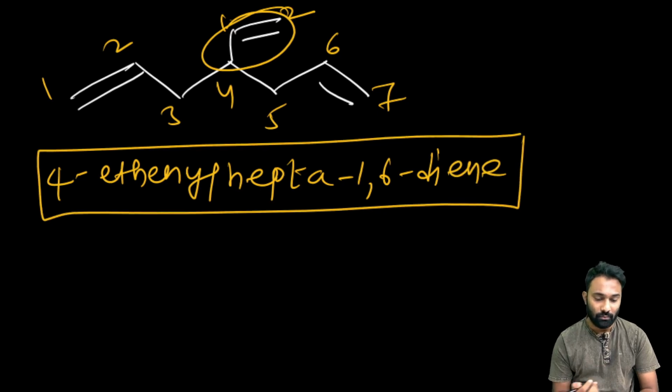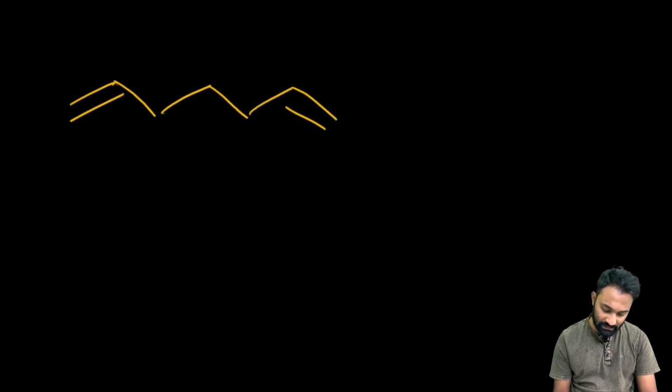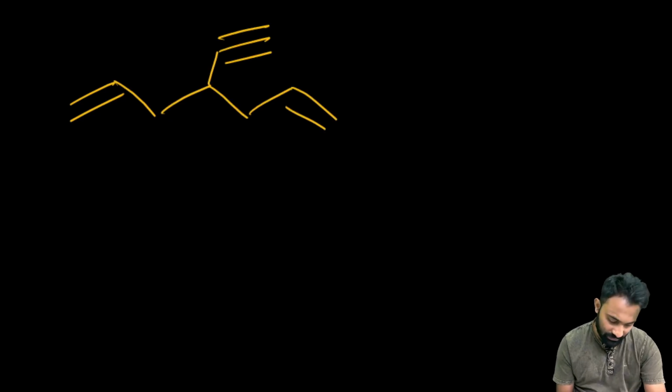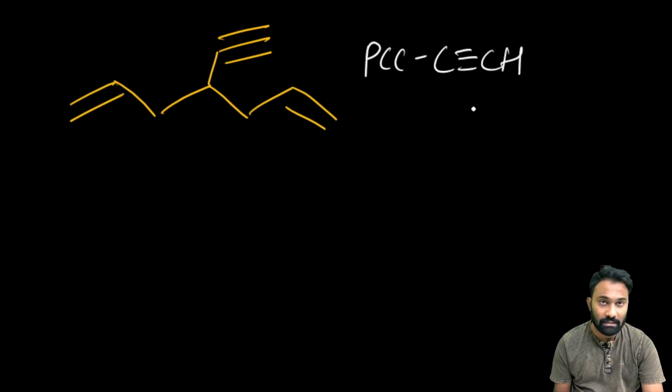Done. In this manner we have to write the name. If the triple bond is acting as a substituent, the same thing applies. CH triple bond CH is ethyne, right?